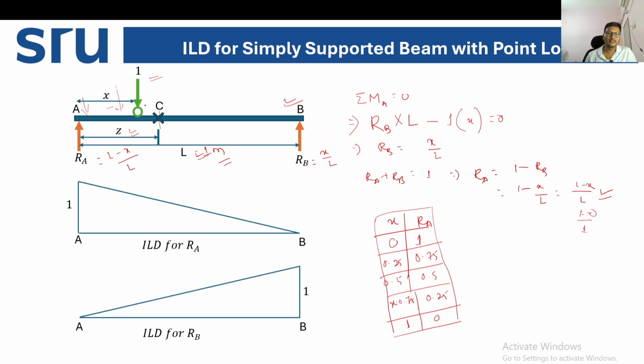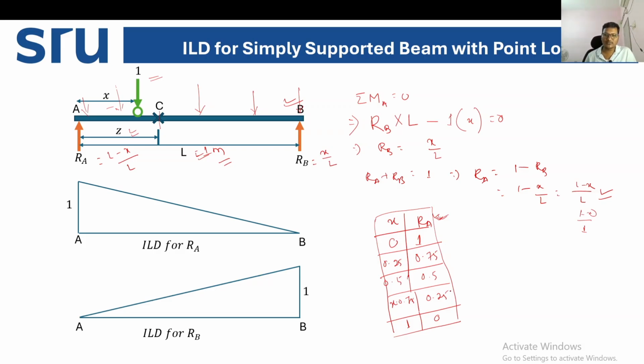When X is equal to 0.5, somewhere at the center. When X is equal to 0.75, somewhere here. When X is equal to 1, it will be on point B. So now your unit load is moving from end A to end B, and due to those moved positions, we have calculated the value of reaction at A.